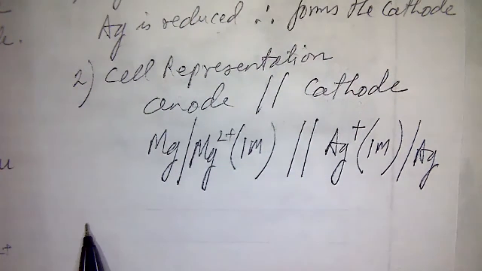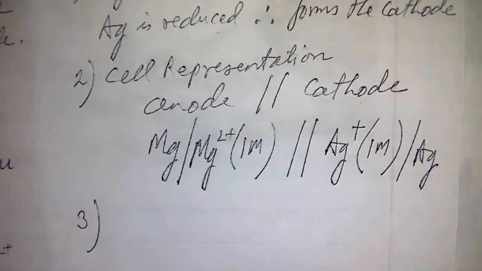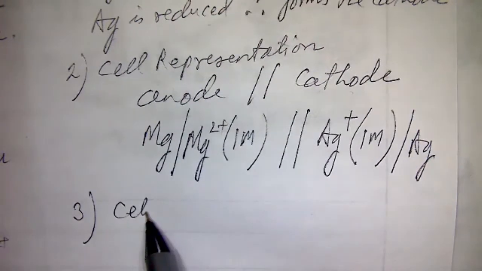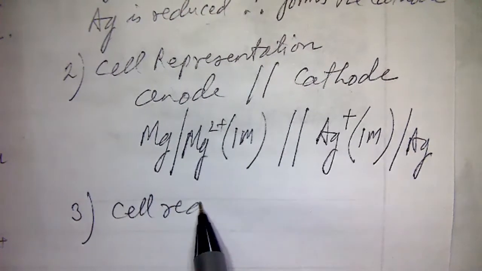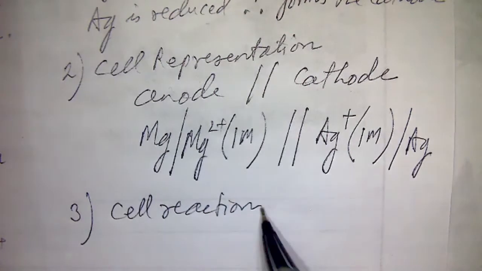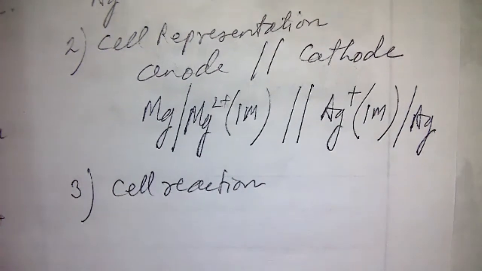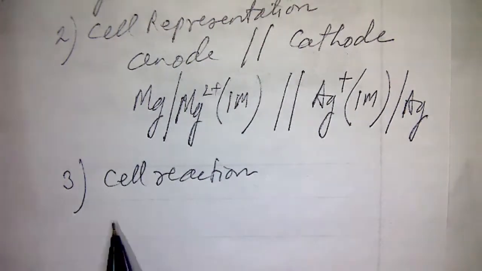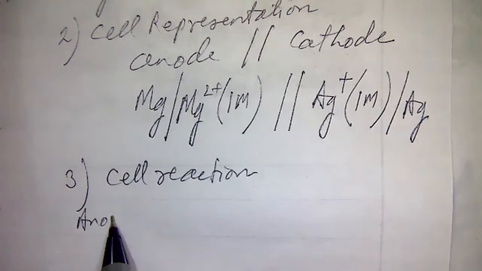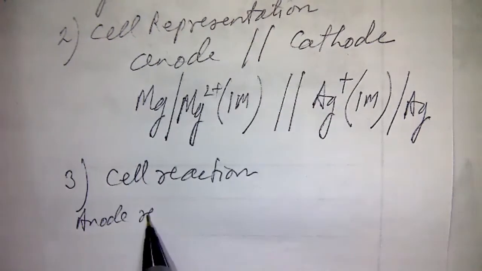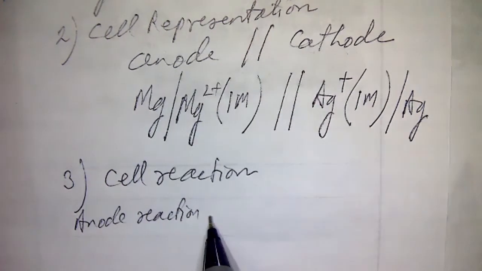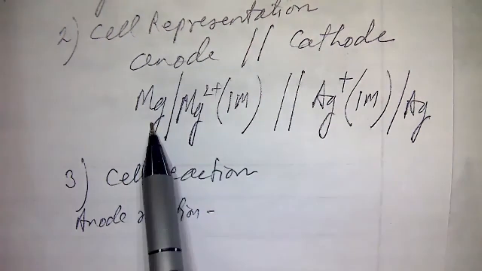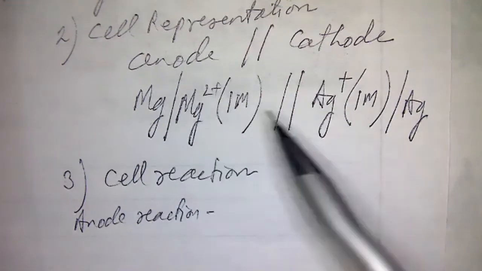Then number 3, cell reaction. In cell reaction, what will happen? You have the anode reaction. Magnesium becomes magnesium ion.